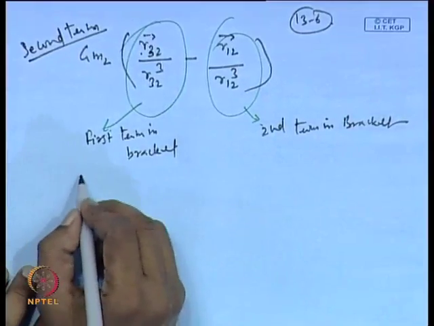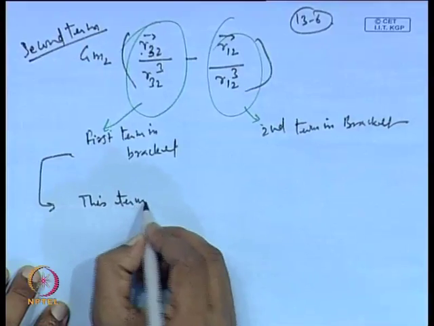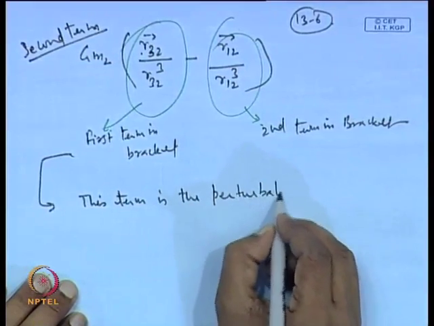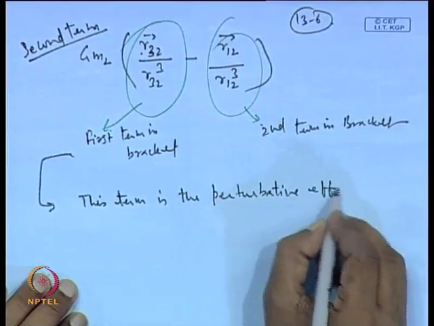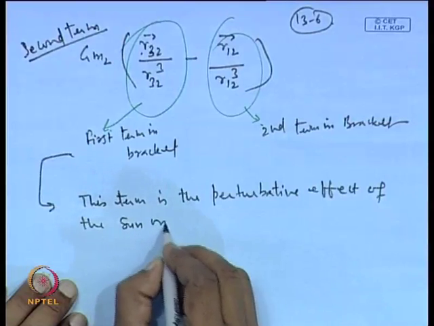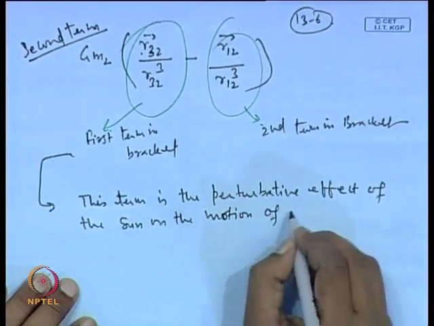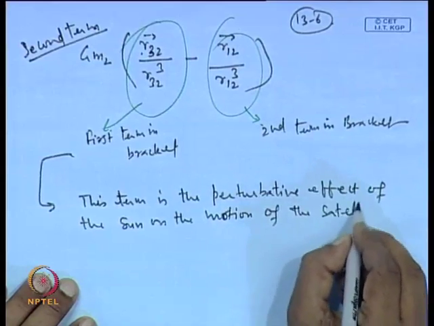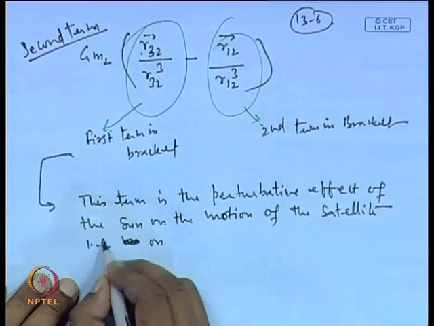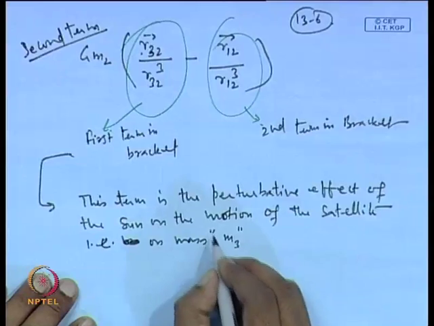So, this term is the perturbative effect of the sun on the motion of the satellite, that is, on mass M3.